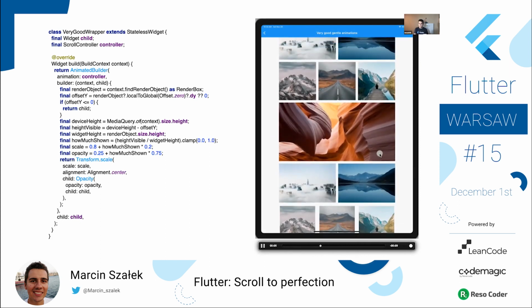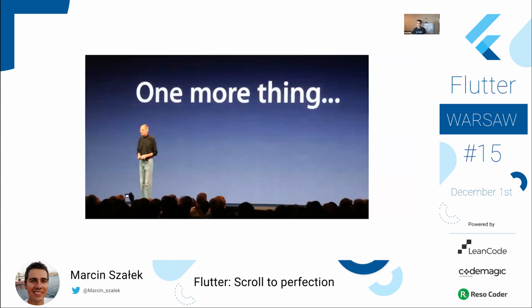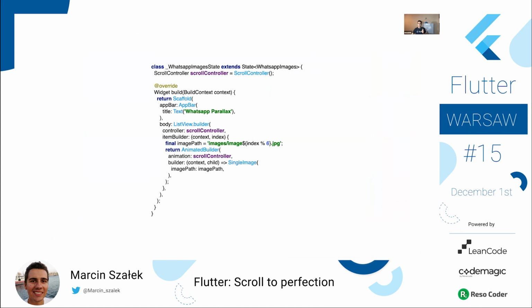So just before the talk, I have added one more thing in here, because while AnimatedBuilder is cool, it means that you need a scroll controller to be passed down in the tree to your widget. But what we can do is use the ChangeNotifierProvider instead, because as I have shown you, scroll controller is actually a ChangeNotifier.